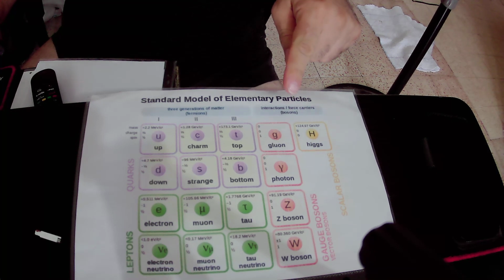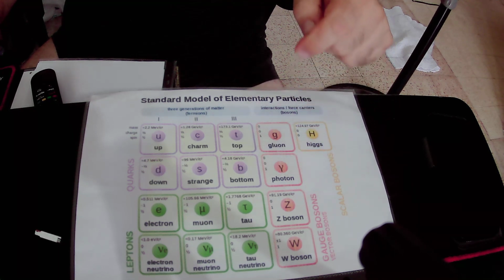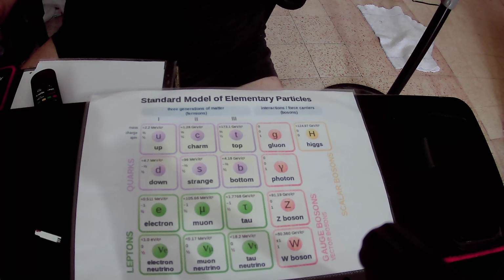And we have 8 types of gluon, and the W and Z bosons that have spin 1 and carry the weak force, the force that actually explains the radioactive decay of atoms. The force that is responsible for the radioactive decay of atoms.